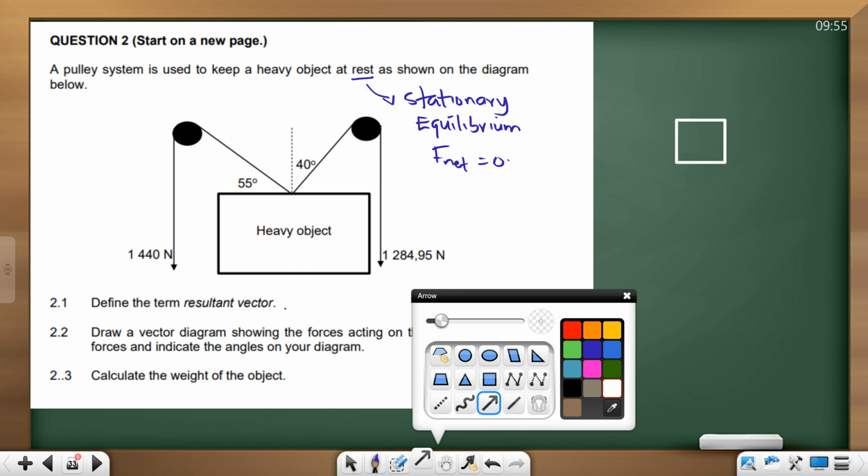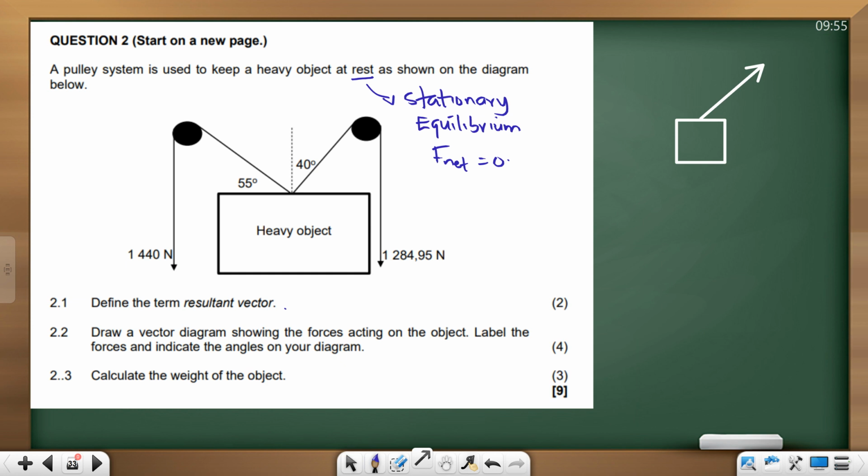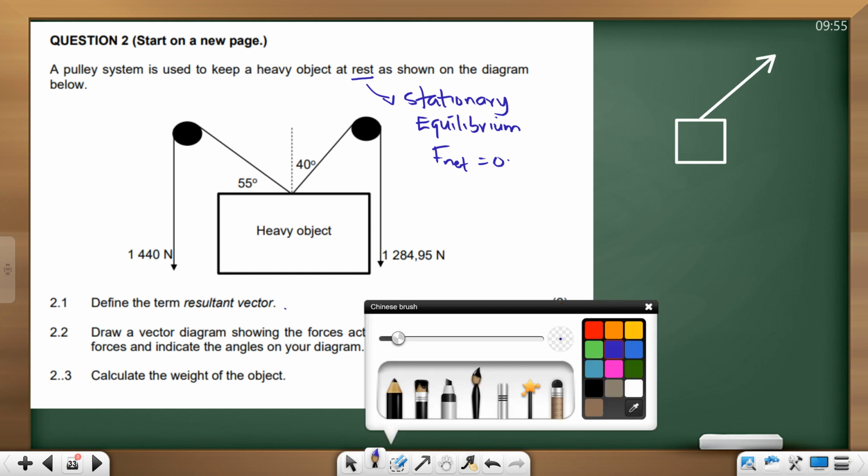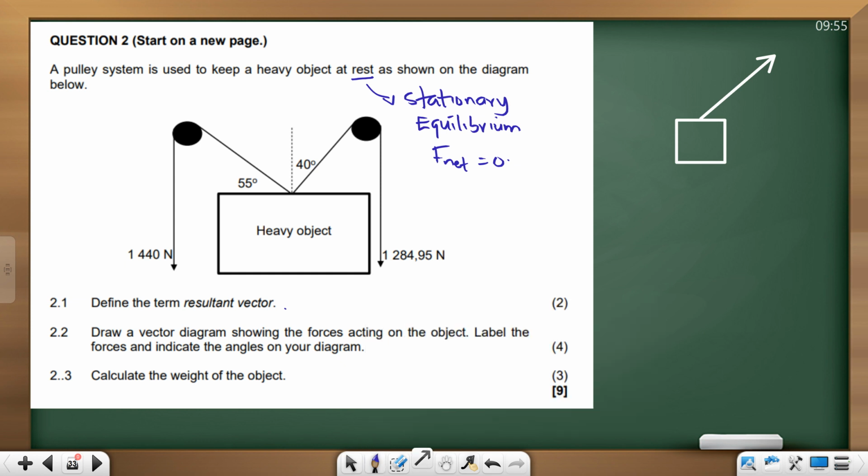Which force do we have? There's a force going that way. I was going to look at the difference between vector and free body diagram when I start doing Newton's laws, but let's just answer this. I have another force that way, and I have the weight of the object from the center.